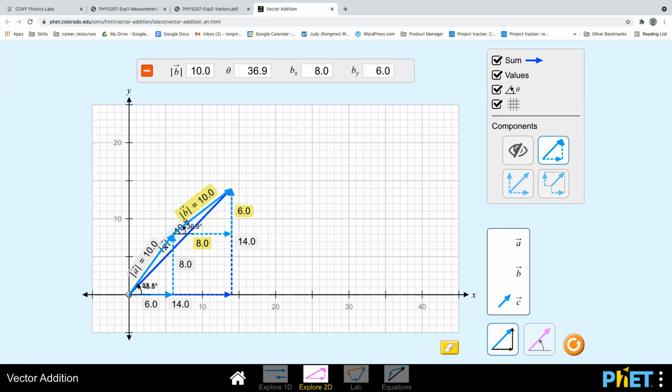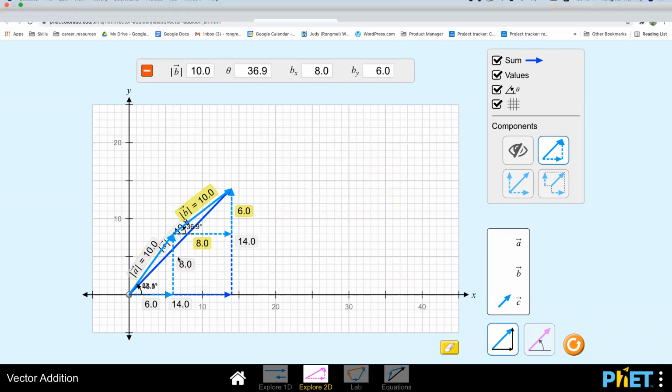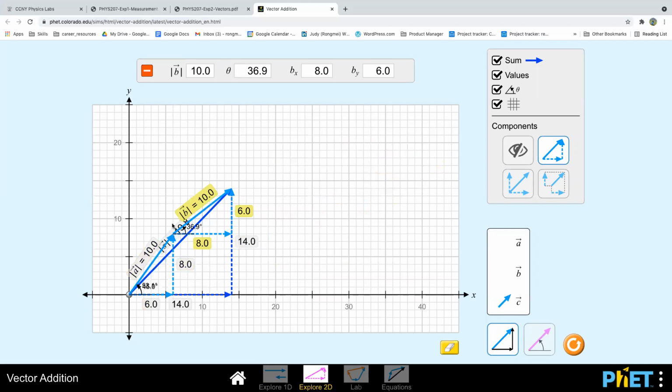So when you put these two small vectors here, you can see even if these two vectors are not lined up, as long as you keep their head to tail, the sum of these two vectors will always be the straight line from the tail to the head.